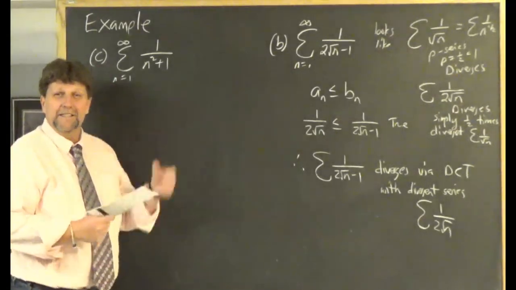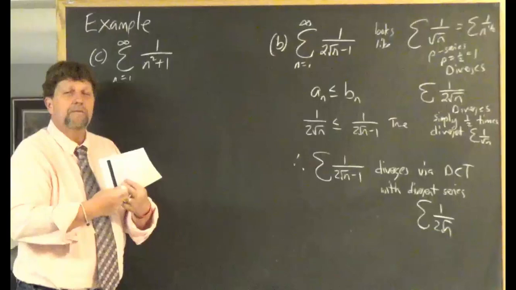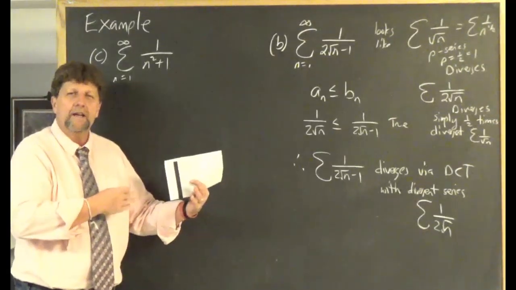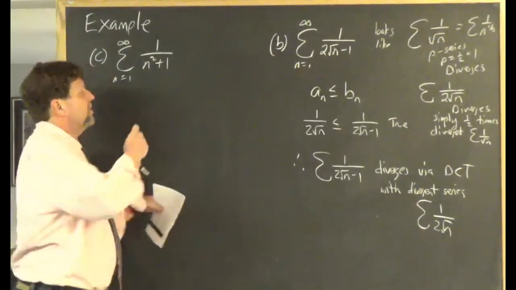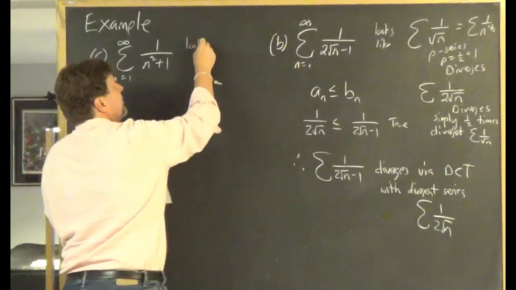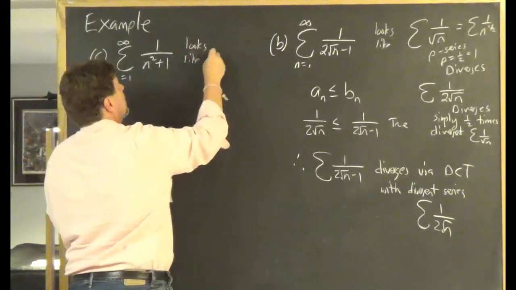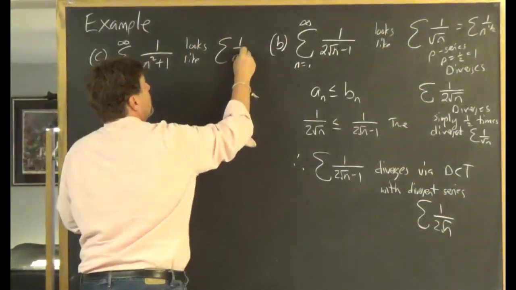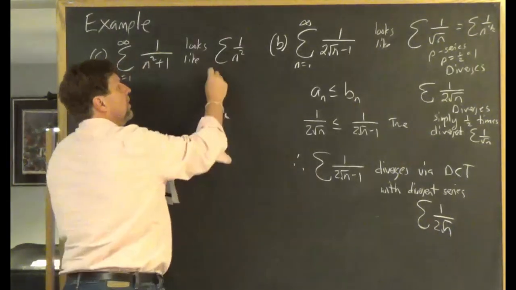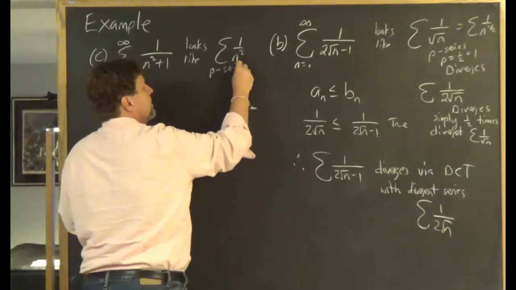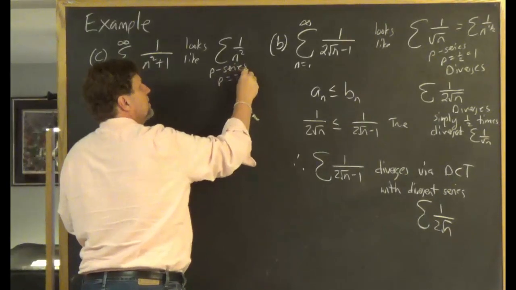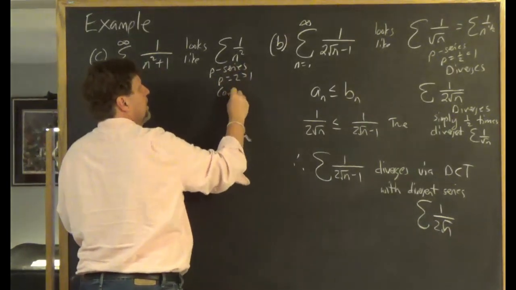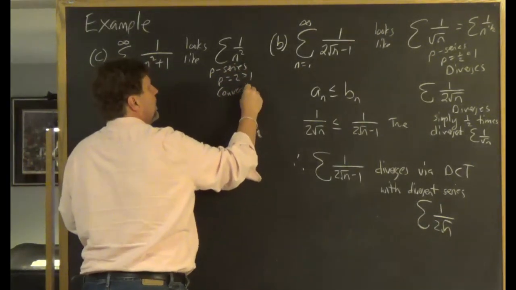Because when I see this series, yeah, it's easy to integrate, but what immediately jumps out to me is that it looks so much like the series 1 over n squared, which we know converges. It's a p-series. P is 2, which is greater than 1. So we know it converges.